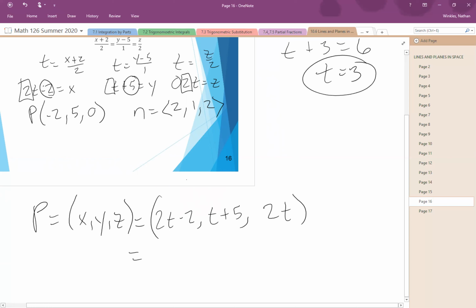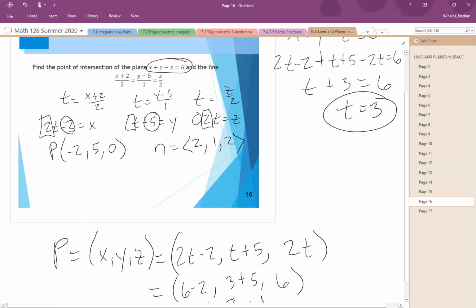When we plug that t value in, we get 6 minus 2, 3 plus 5, and 6, or 4, 8, 6. So this is the point of intersection of the plane x plus y minus z equals 6 and the line (x plus 2) over 2 equals (y minus 5) over 1 equals z over 2.